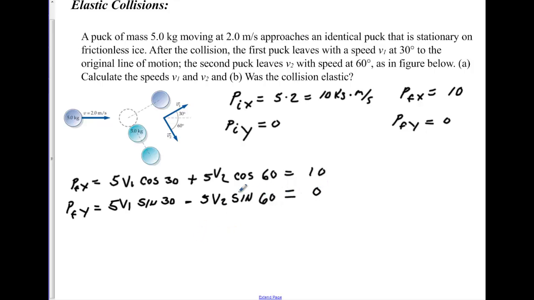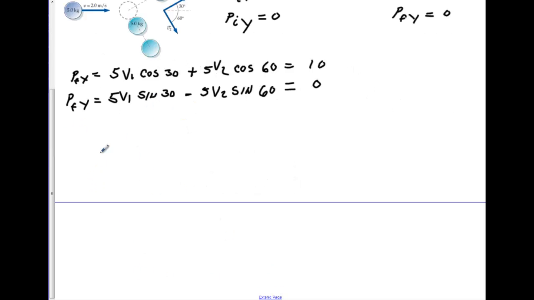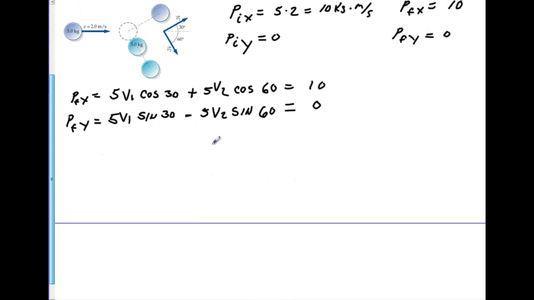Alright, so in this one you have two equations, two unknowns. You can set this up and solve it using substitution, elimination, or matrices. I'm going to go ahead and set it up and solve this with matrices. I just find it easier. So my matrix would just be 5 cosine 30, and to find my V1, this would be 5 cosine 60. I'll set that equal to 10.